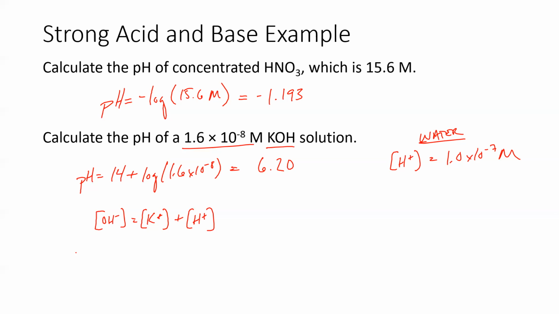Let me just put in OH minus equals 1.6 times 10 to the negative 8 molar. And because I'm interested in pH, I'm going to leave my H plus as an X, and so I'm going to put plus X over here.